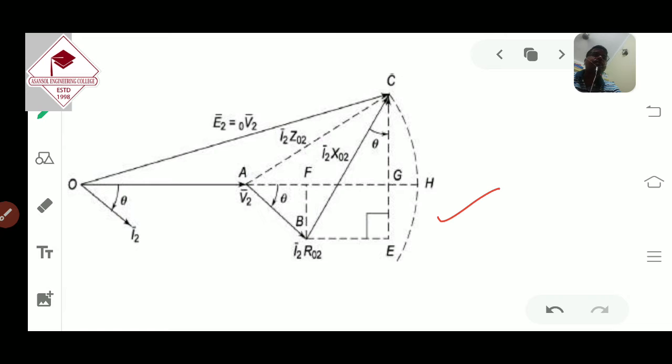See this diagram. This diagram is the part of the phasor diagram which we have already drawn for the practical transformer. This was the lower part.